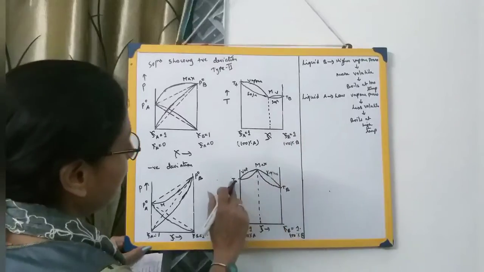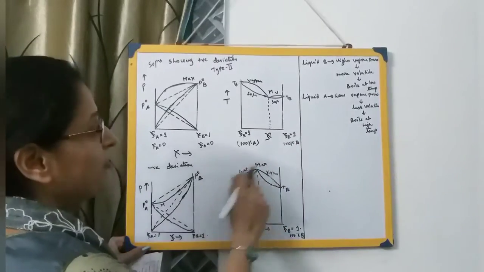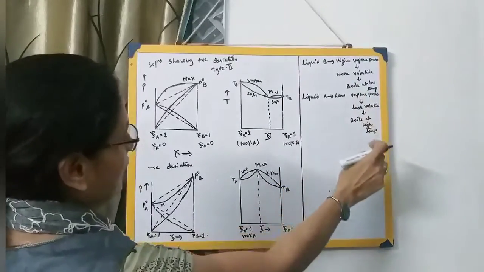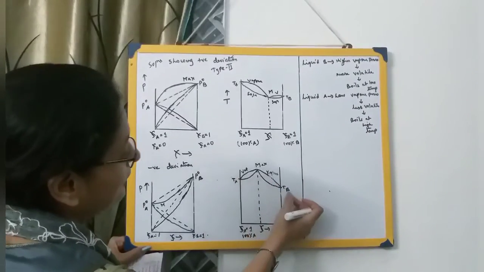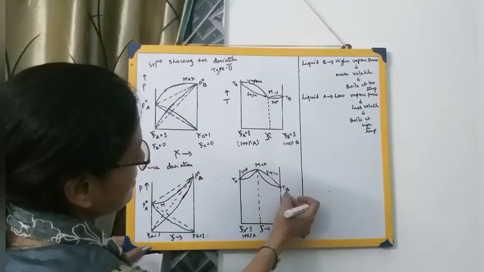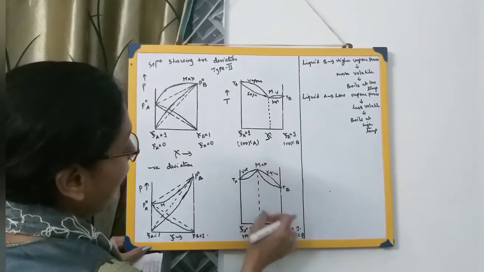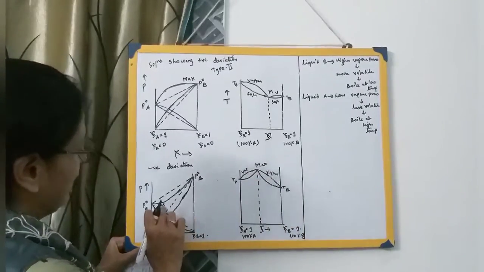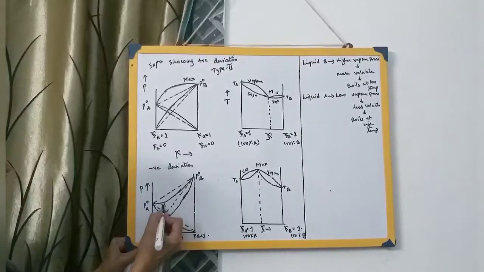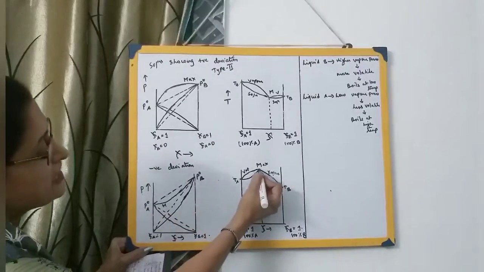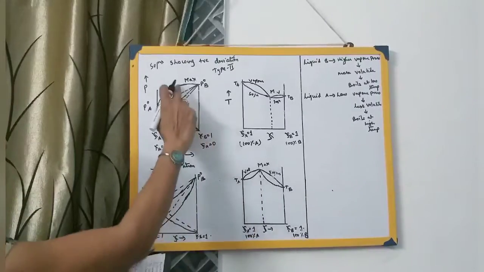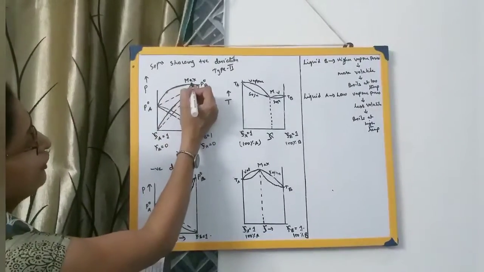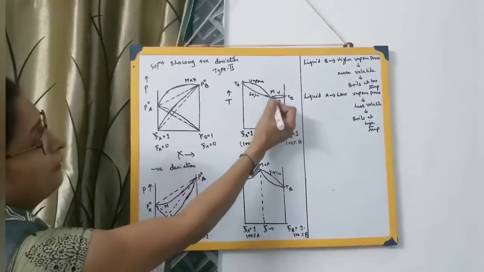Again here, liquid A has a low vapor pressure, is less volatile, and boils at a high temperature. We have placed TA at this particular point, and the temperature for B at this point. Where there was a minimum value of the vapor pressure, it is showing the maximum temperature here. On the contrary, in this graph where there was a maximum value of the vapor pressure, it is showing the minimum temperature.